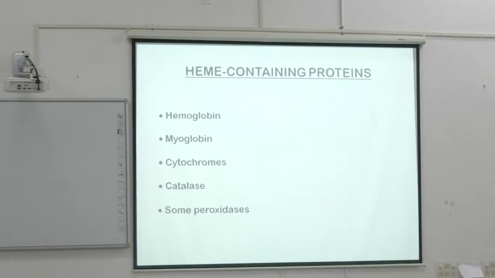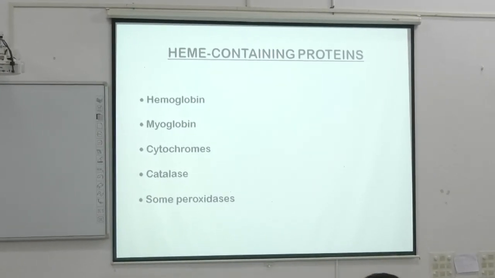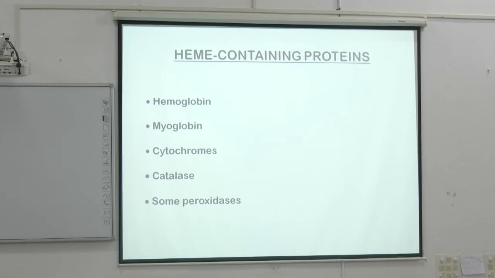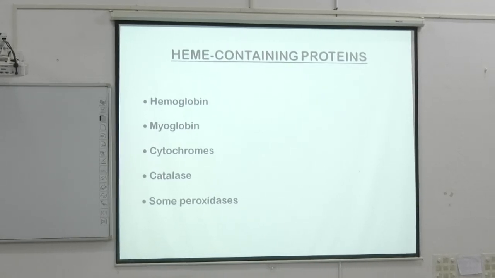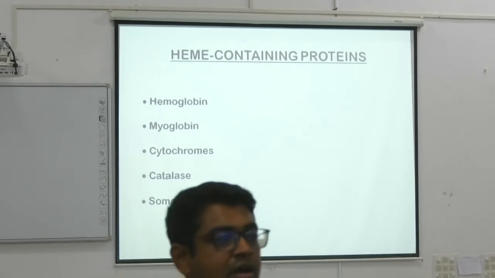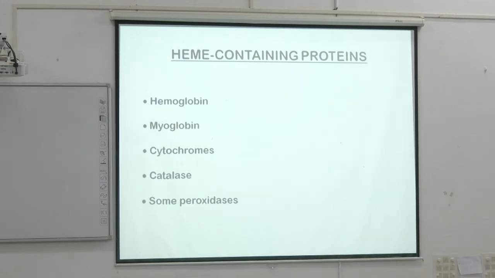See, hemoglobin, myoglobin, cytochromes, catalases, peroxidases, all of their basis is formed by this cyclic tetrapyrrole structure, the only difference being the cation present in the middle.